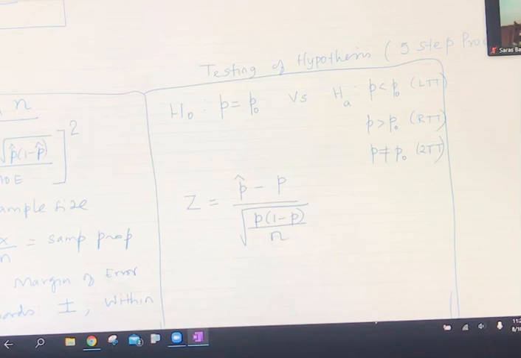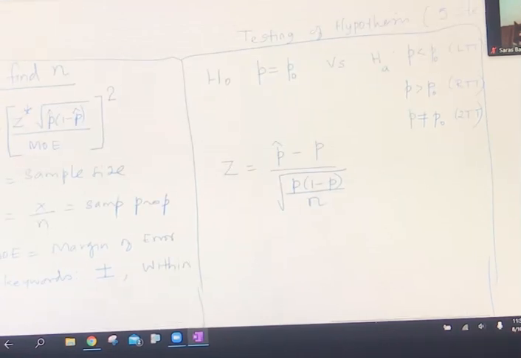So you will be given the population proportion. You will be given the statement about the population proportion. All right, only then you can get the z-score. And you will also be given x and n values so that you can get the p hat, where p hat is going to be x over n. Remember that, okay?